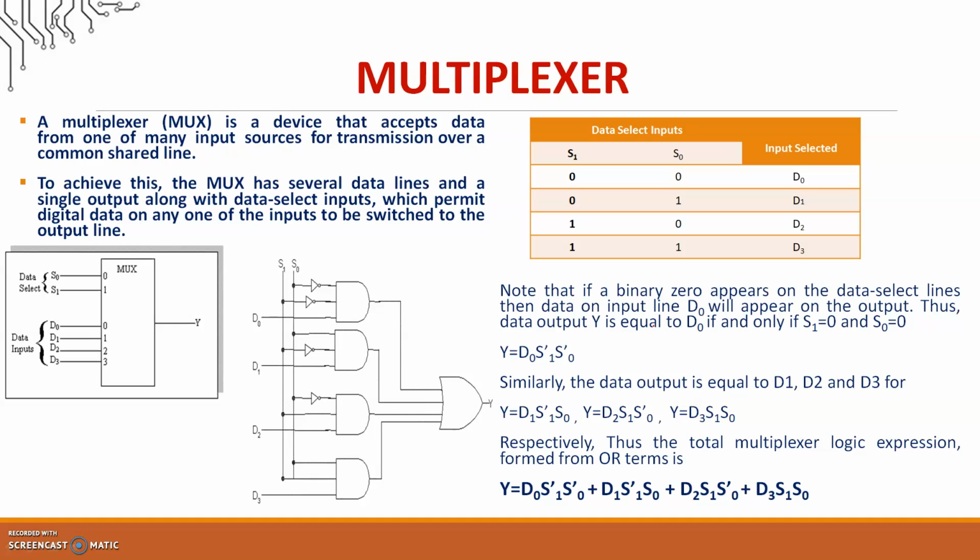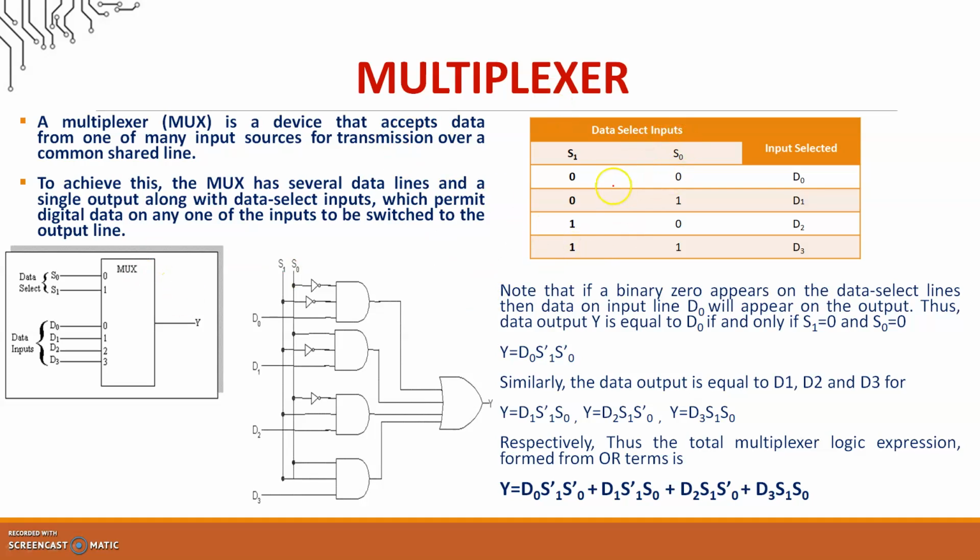To achieve this, the MUX has several data lines and a single output, along with data select inputs, which permit digital data on any one of the inputs to be switched to the output line. So this is like a switching device.